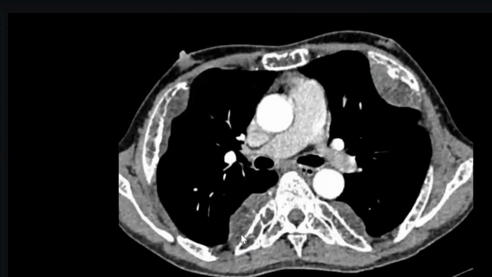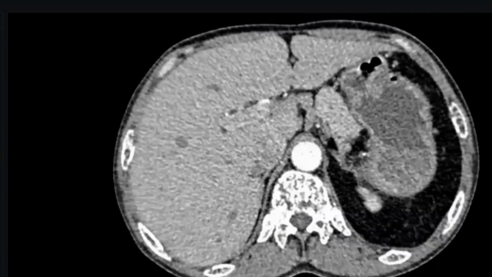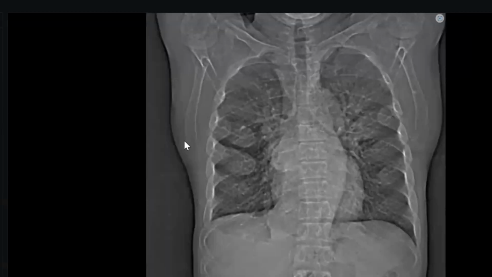See, this is the extramedullary hematopoiesis. And this is increased iron deposition within the liver, so increased density of the liver, and the pancreas, hemochromatosis. I'm looking for the presence of any primary or secondary causes. I cannot see the spleen here. This is a case of thalassemia or hemolytic anemia.